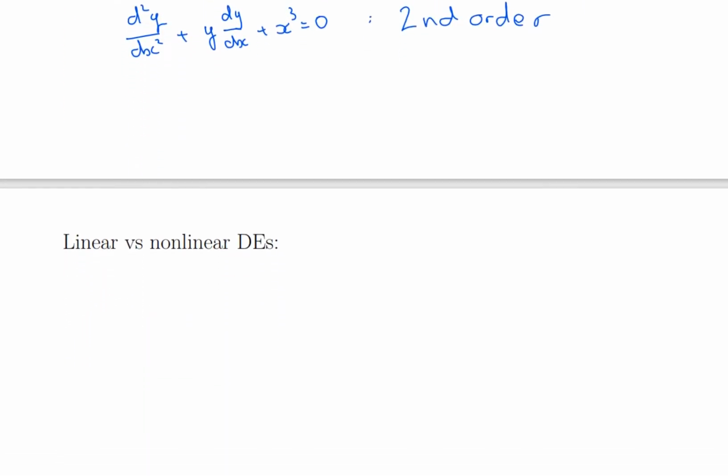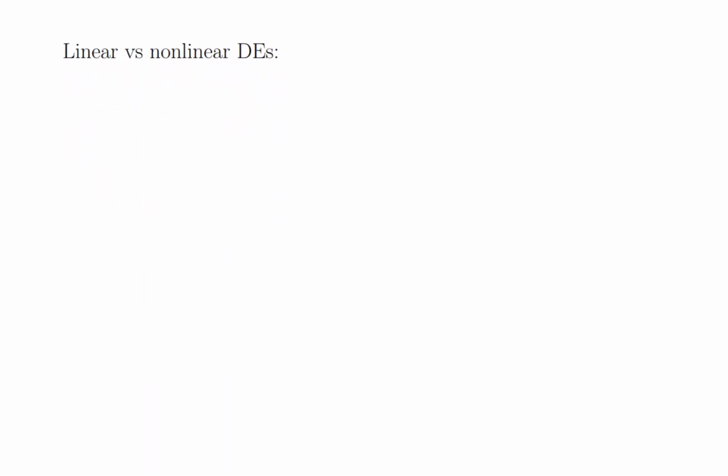Next, differential equations can be linear or nonlinear. Now, this takes a bit of thought. A linear differential equation is one, getting a little bit circular or tautological here, but the point is it has to be linear in y, which is the dependent variable, and its derivatives.